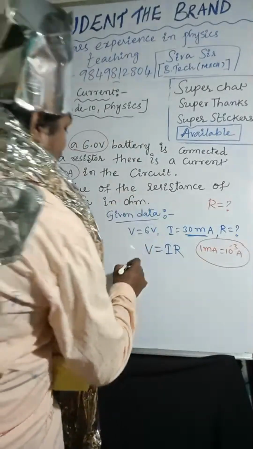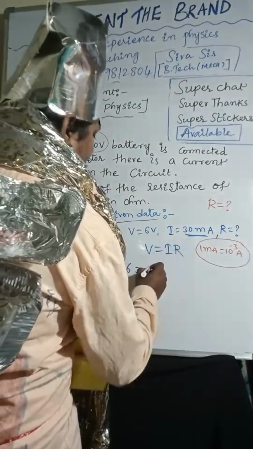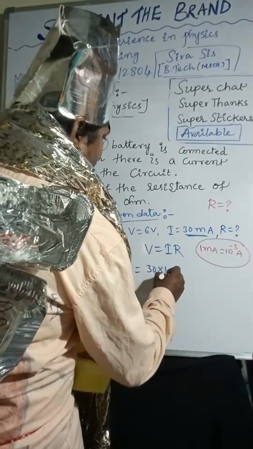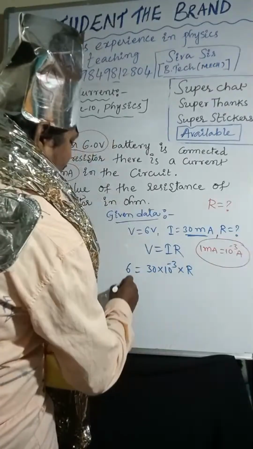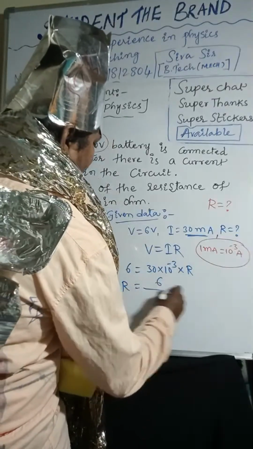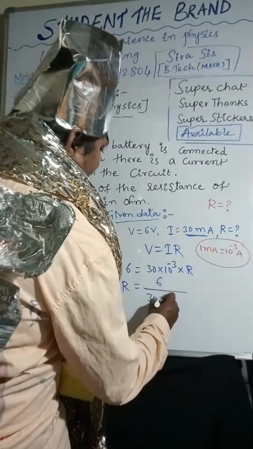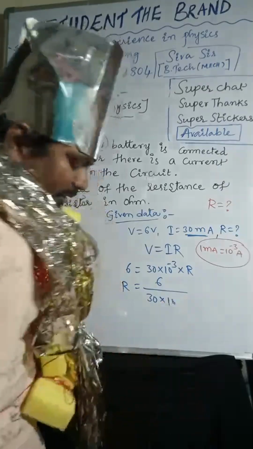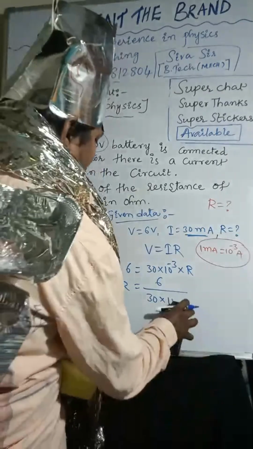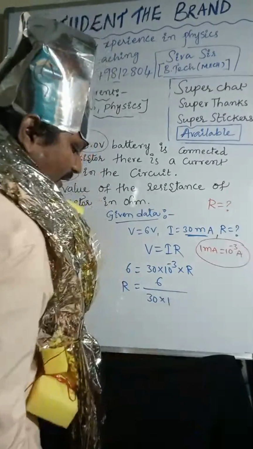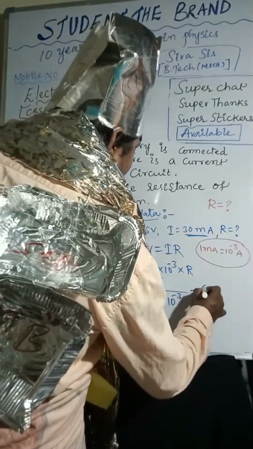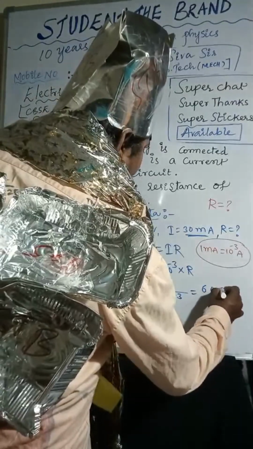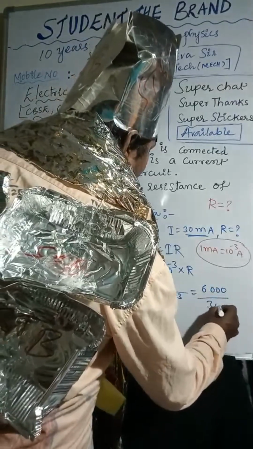So 6 equal to 30 into 10 power minus 3 into R. So R equal to 6 by 30 into 10 power minus 3. Then you will get 6000 by 30.